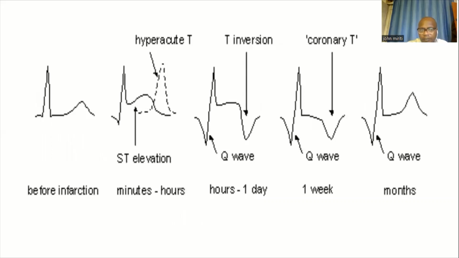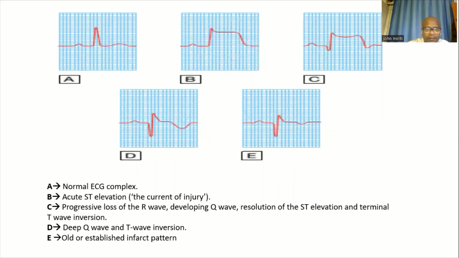For example, before infarction, that is the normal ECG. A few minutes after, you can see the ST is elevated. Then at 1 hour, the Q wave is developing. Then the Q wave is deeper and the T wave is widening, and after months the Q wave remains. That is how it appears.